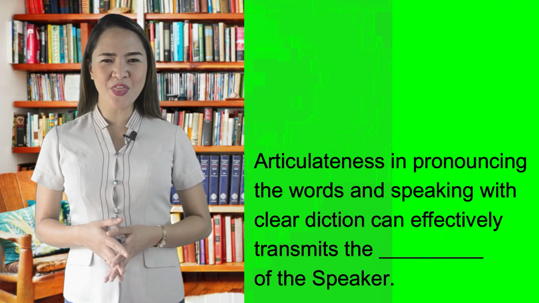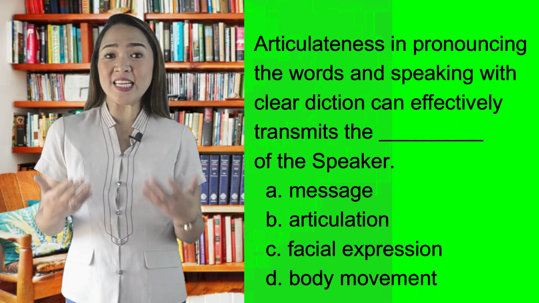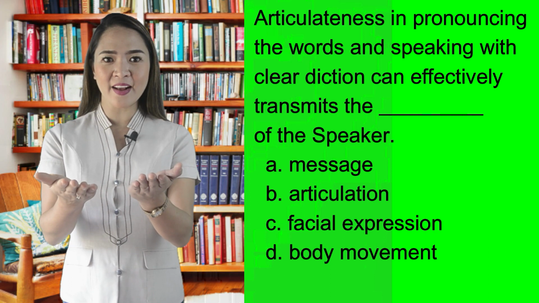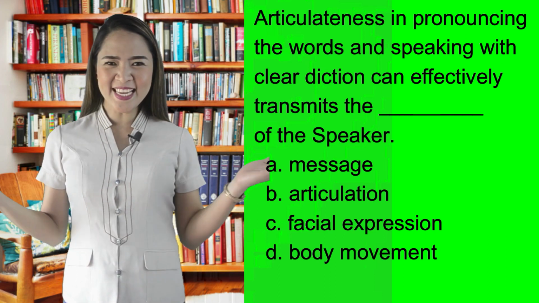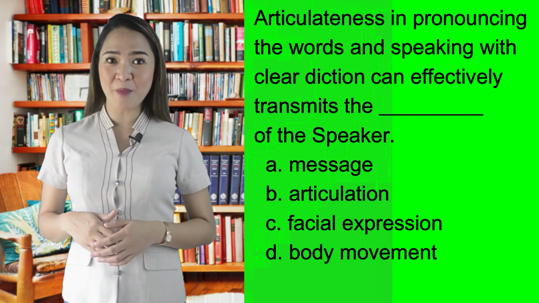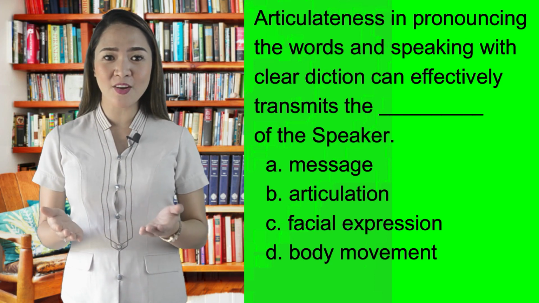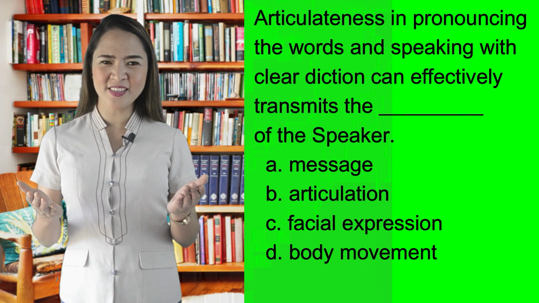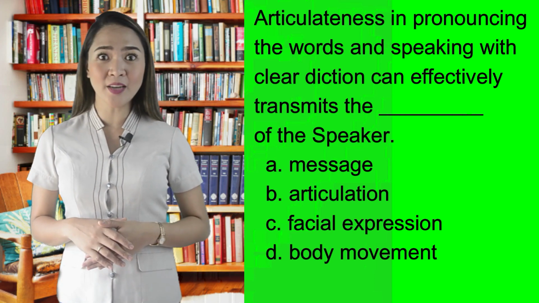Articulateness in pronouncing the words and speaking with clear diction can effectively transmit the blank of the speaker. What is it? A. Message. B. Articulation. C. Facial expression. Or D. Body movement.